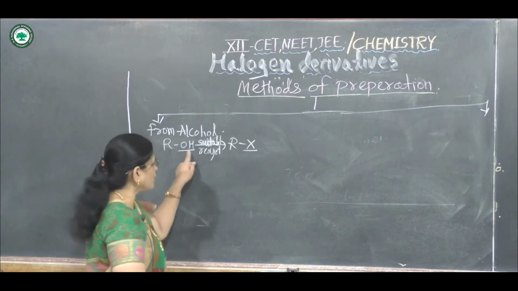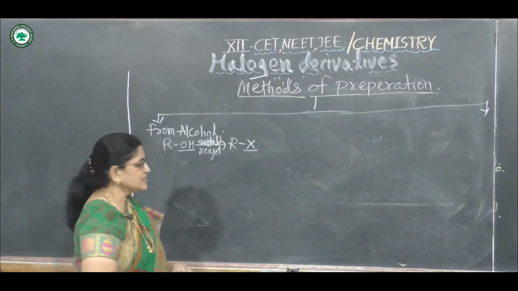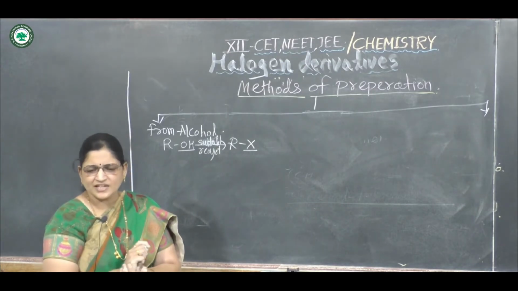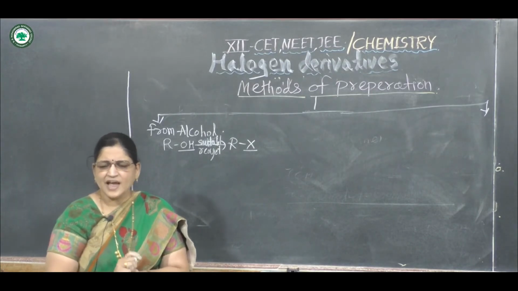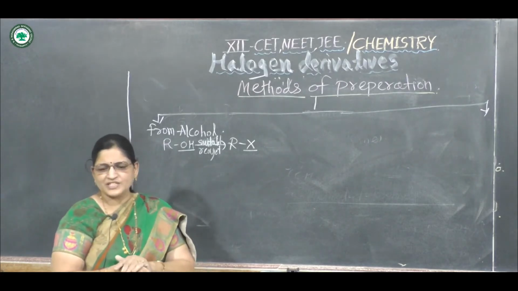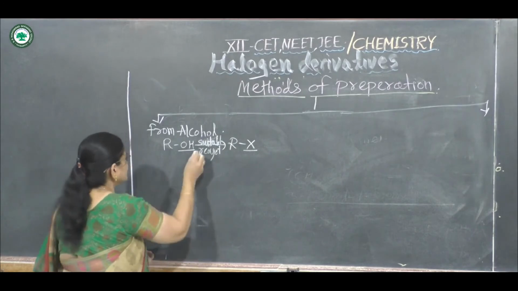That means from alcohol it forms alkyl halides. Then there are 3 methods from alcohol; the first method is from halogen acid or hydrogen halides.